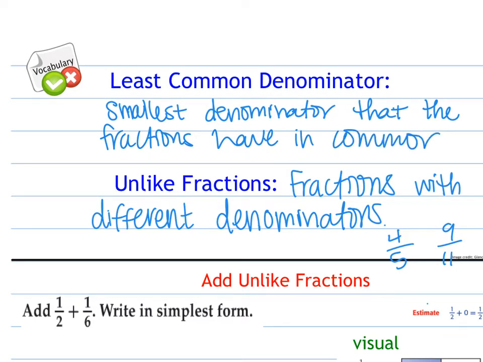So it's kind of like the least common multiple, but we're talking about denominators. So if we had 1/2 and 3/4, it would be the smallest number that 2 and 4 both have in common. So I know that their smallest denominator, least common denominator, would be 4, which we'll get into more as we go.